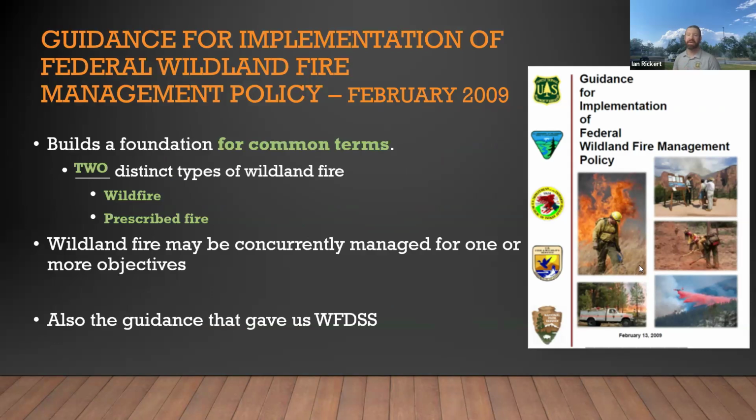And really, the next policy evolution, if you will, created 2 significant things for us. How do we talk about wildland fire? There's some really key terminology in here. And quite honestly, it's common for us to still ball this up, right? We have 2 distinct types of wildland fire.